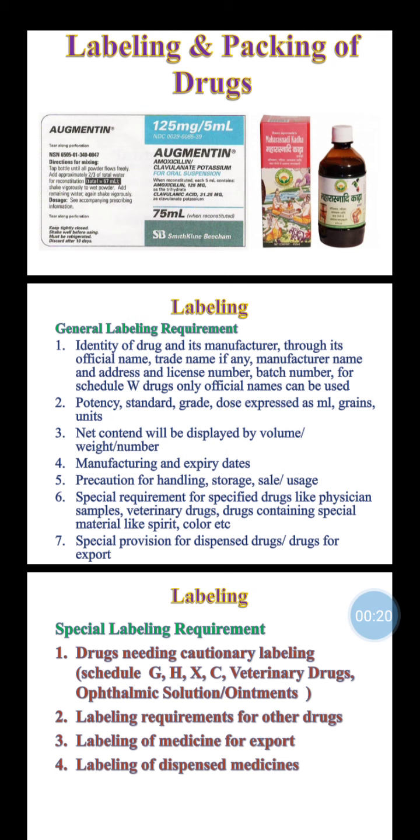Hi everyone. In the last lecture you saw about labeling and packing of a drug. In that, you saw the general labeling requirements of a dosage form. The general requirements cover the identity of a drug and its manufacturer through its official name, trade name if any, the manufacturer's name, address and license number, and batch number for Schedule W. Then potency standards and grade, expressing dose as ml, grains or units.